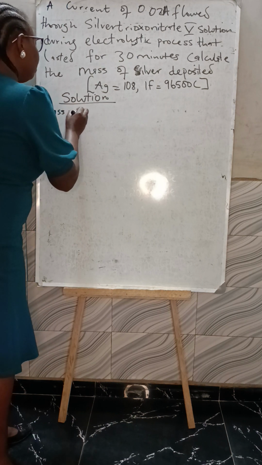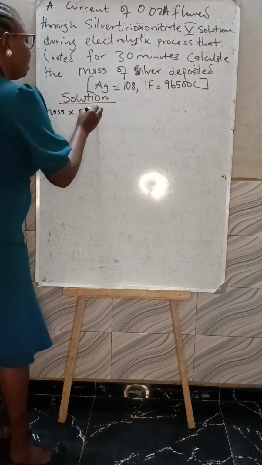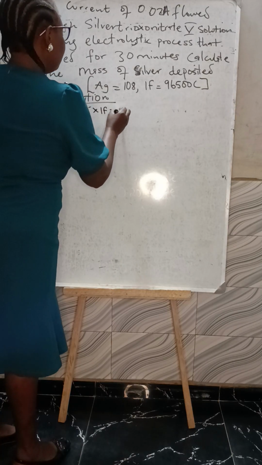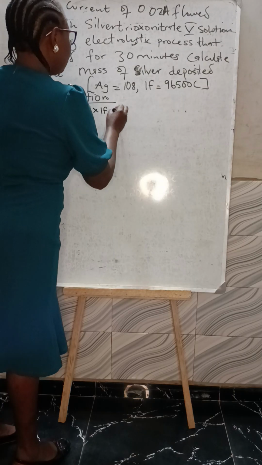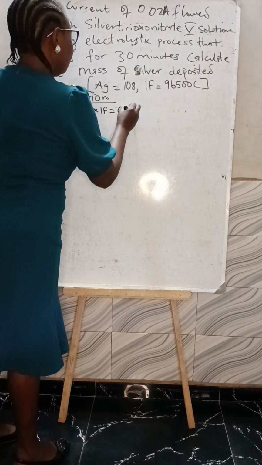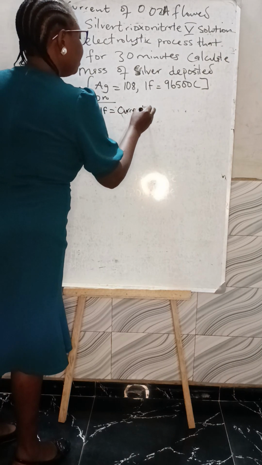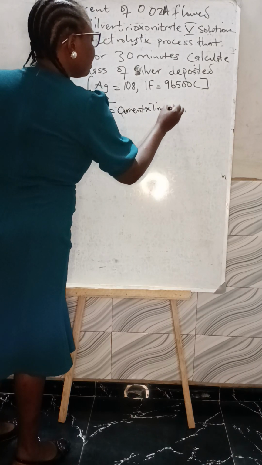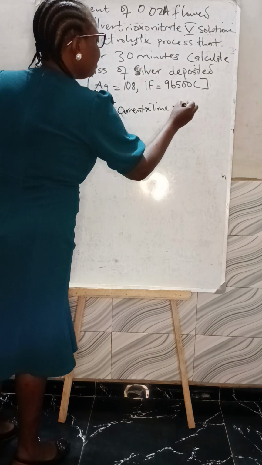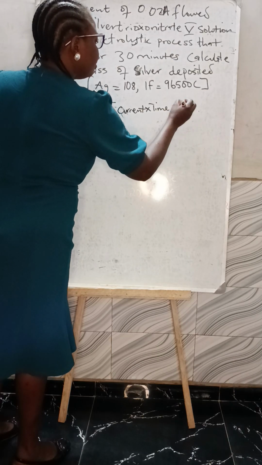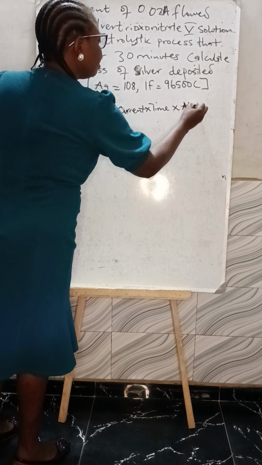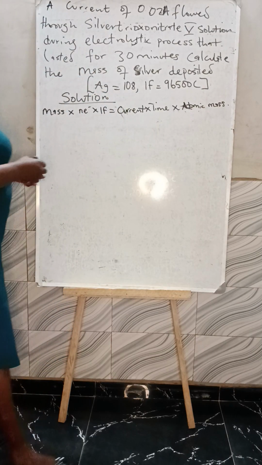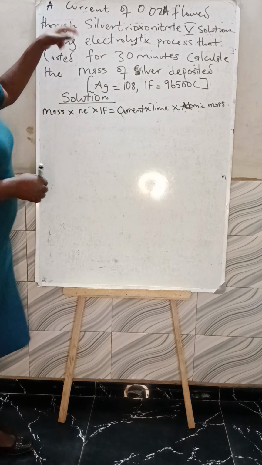The number of electrons times 1 Faraday equals current times time times relative atomic mass of that substance. Now we are asked to look for the mass.